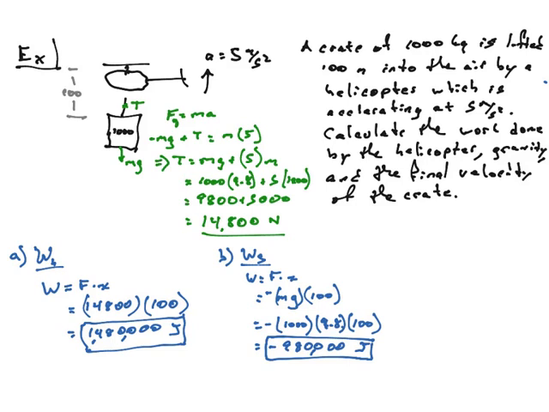All right, what about part C? We want to know how fast this crate will be moving when it reaches the 100-meter mark. Well, that's where the work energy theorem comes in. The work energy theorem allows me to relate how much work is being done to an object with its velocity, its speed. So I'm going to say work is equal to change in kinetic energy.